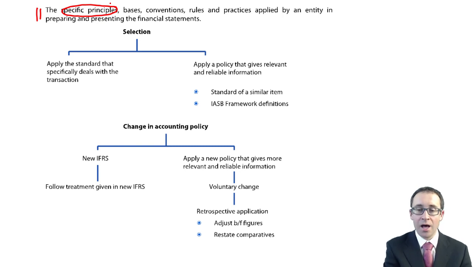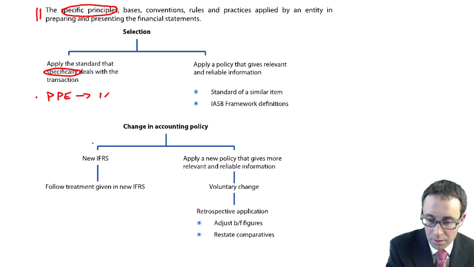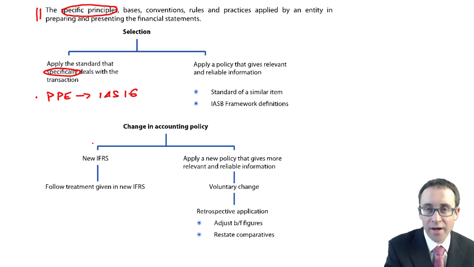In terms of how we select the accounting policy, well, it's logic, really. First of all, you choose the standard that specifically deals with the transaction. So if you have property, plant and equipment, I think you would start off there with IAS 16.